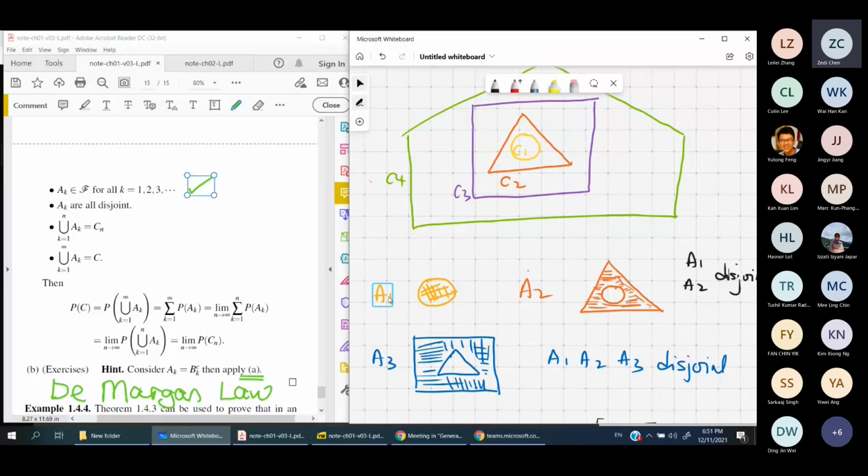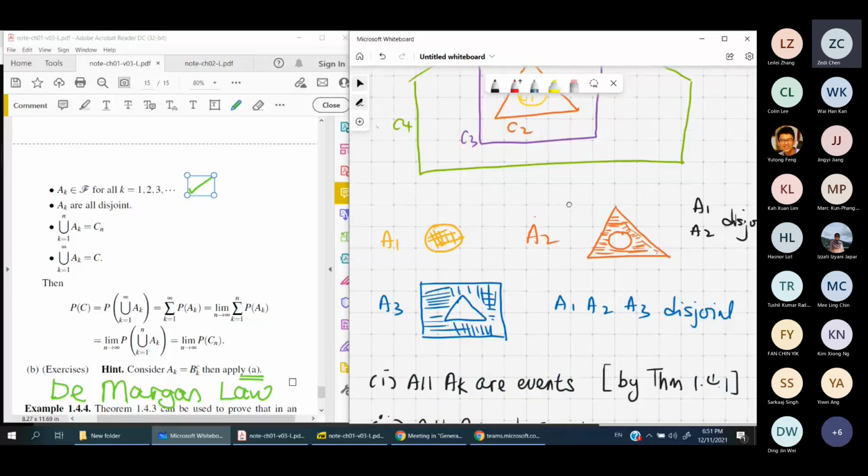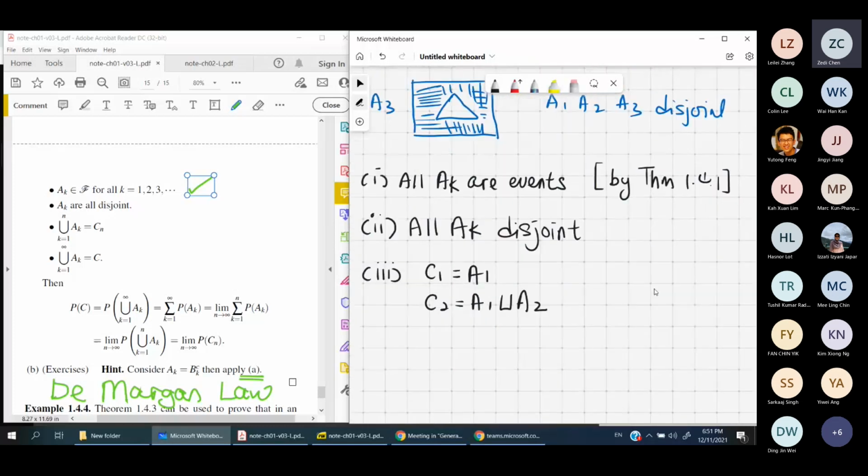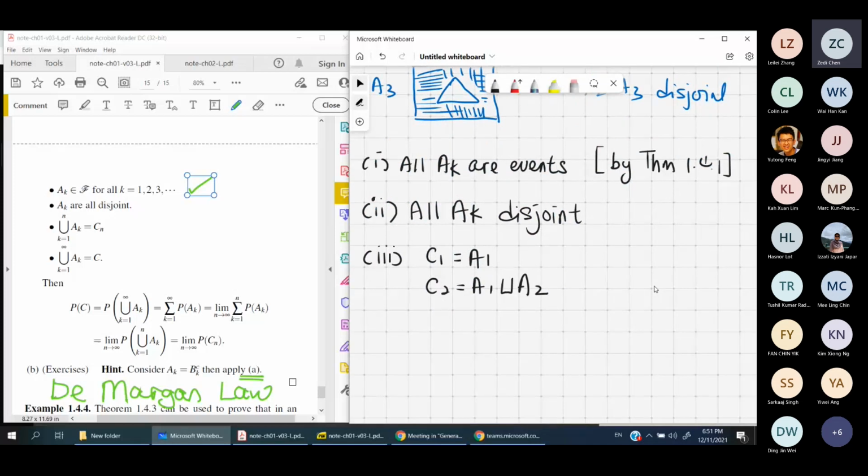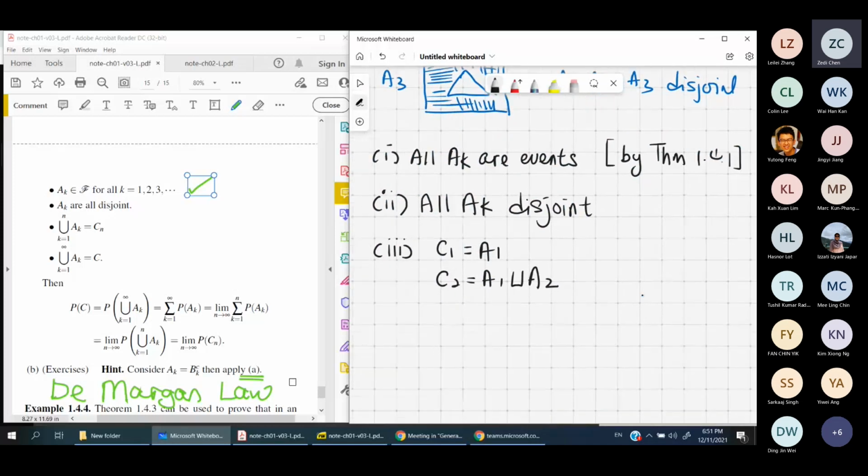If we combine A1, A2, and A3, which fill up the whole rectangle here, that is actually our C3, right? So I think we can easily get this conclusion, and C3 will be equal to A1, A2, and A3, and so on.